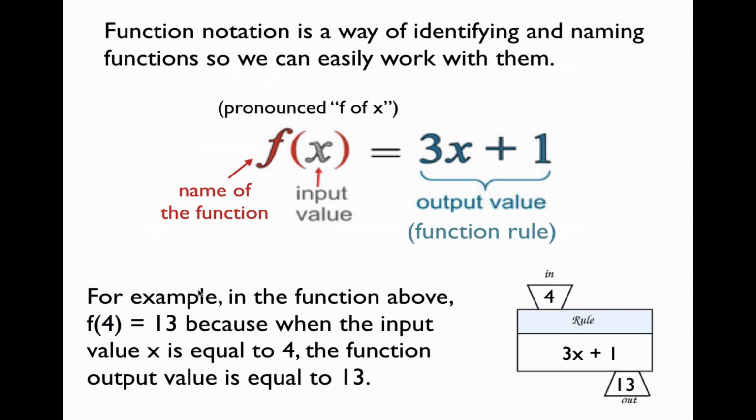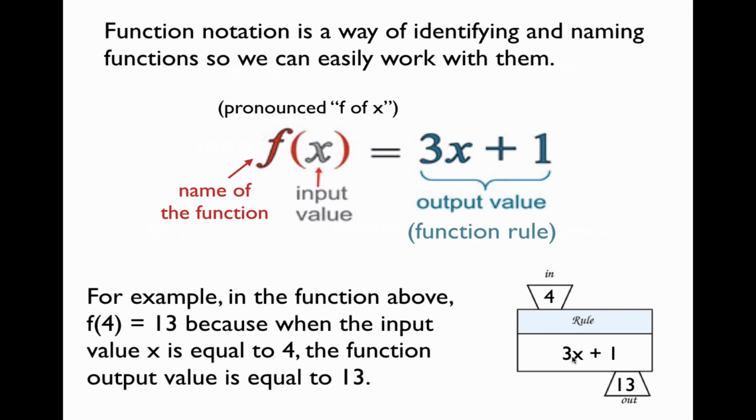So for example, in the function above, f of 4 would equal 13. And why? Because when the input value x is equal to 4, the function output value is equal to 13. So let's see if this works. We're going to drop in a 4 into our function machine.